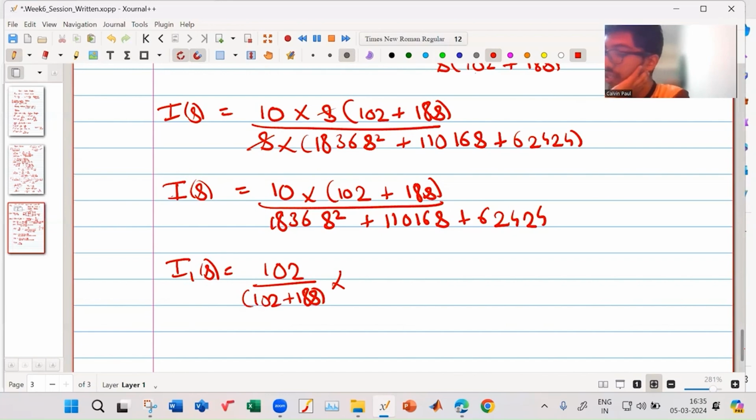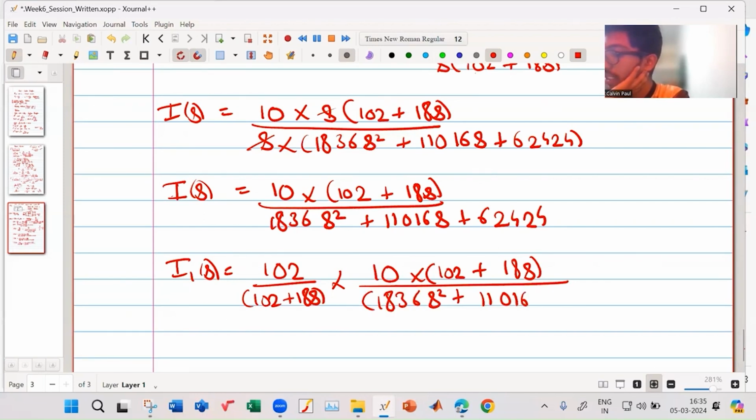And I of S is 10 into (102 plus 18S) divided by 1836S square plus 11016S plus 62424.